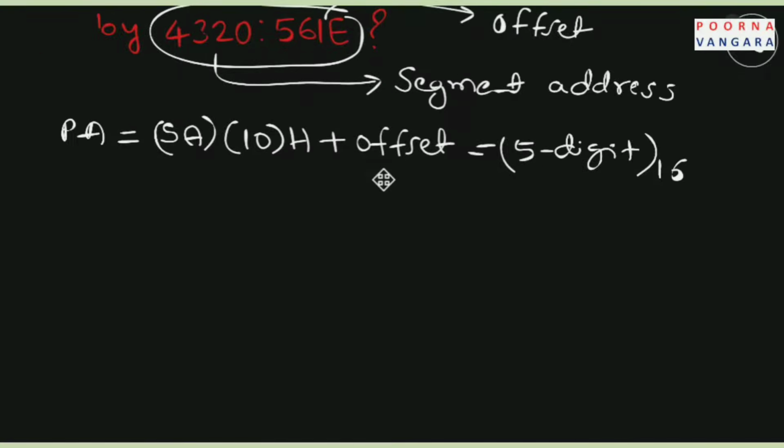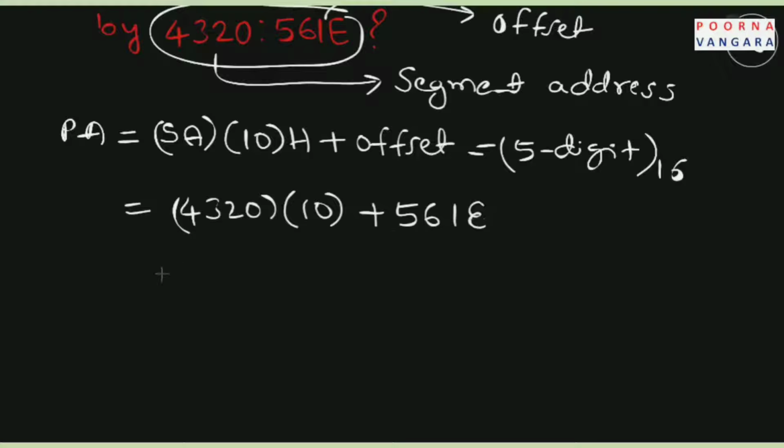Now let us consider this example. The first part, segment address, is 4320, multiplied with 10h, plus offset 561E. So 4320, whenever it is multiplied with 10, you will get a 0 appended. Please note, here 4320 is a hexadecimal number and 561E is also a hexadecimal number.